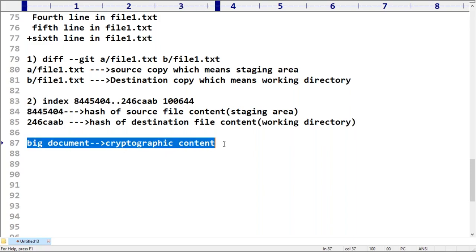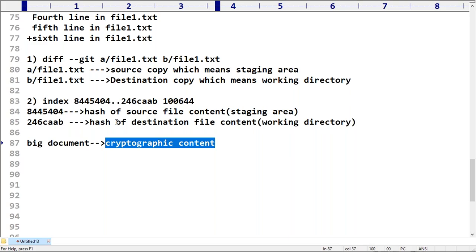Beyond that, nothing. Hash is not an address, it is the equivalent cryptographic code for our content. Security is one advantage, and memory utilization also will be improved.